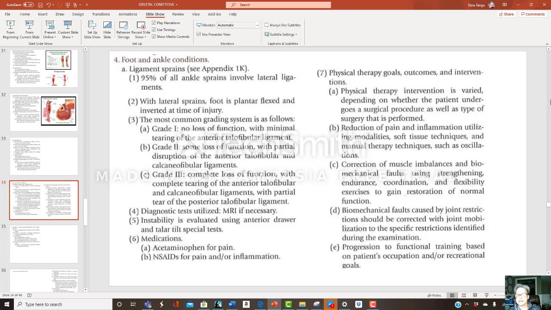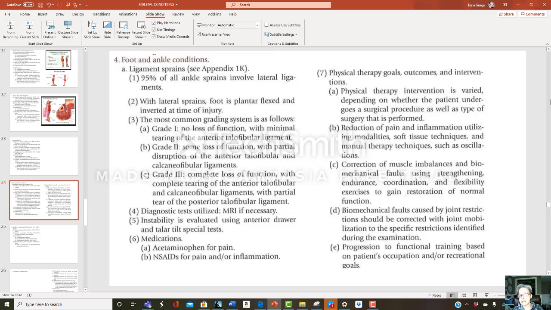Therapy goals, outcomes, interventions. Physical therapy intervention is varied depending on whether the patient undergoes a surgical procedure as well as the type of surgery that is performed. Reduction of pain and inflammation utilizing modalities, soft tissue techniques, and manual therapy techniques such as oscillations.